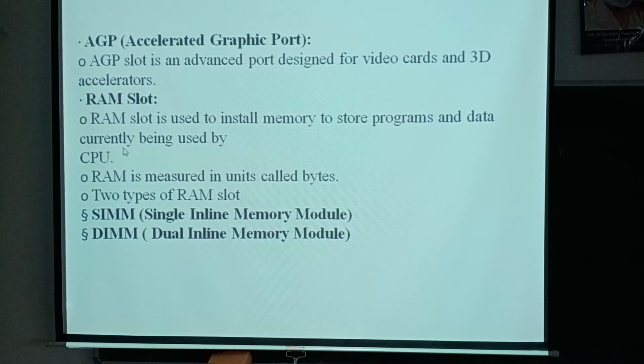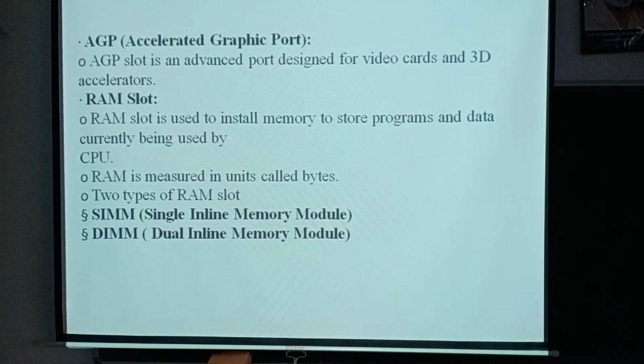So why is this RAM memory needed? In order to store the programs, instructions or data currently used by the CPU. That is, whatever data the CPU is going to process, those data are stored where? In the RAM, because it is a temporary memory. Random access memory is a temporary memory.